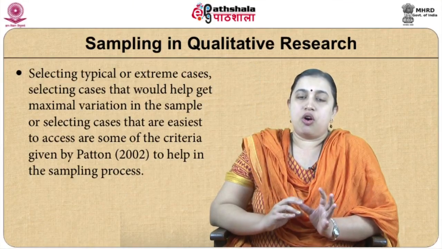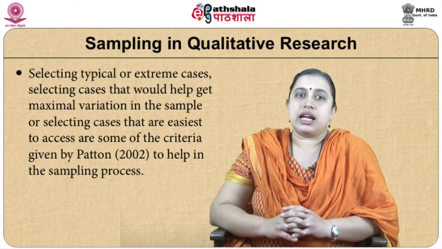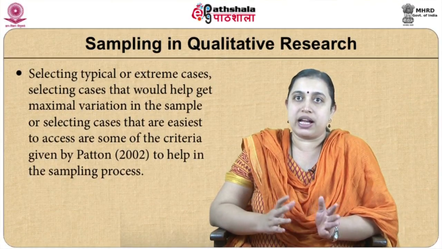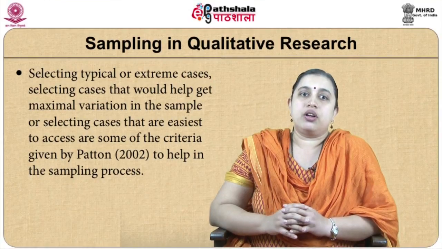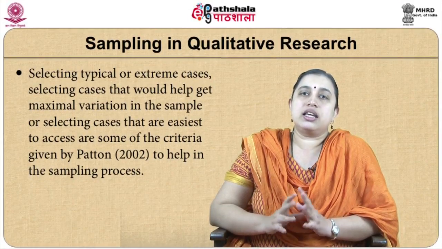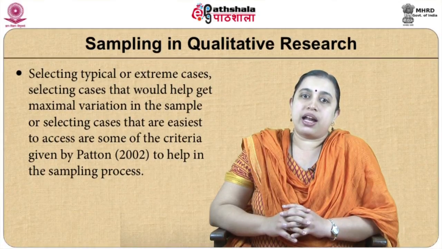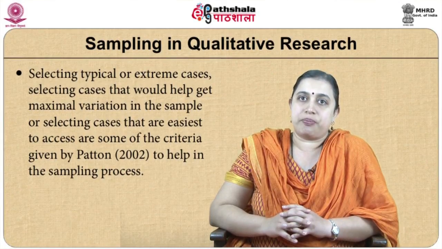Selecting typical or extreme cases, selecting cases that would help get maximum variation in the sample, called maximum variance sample, or selecting cases that are easiest to access are some of the criteria given by Patton to help in the sampling process. In other words, in qualitative research, you can have expert sampling, typical case sampling, maximum variance sampling, or convenience sampling or purposive sampling as it is called.